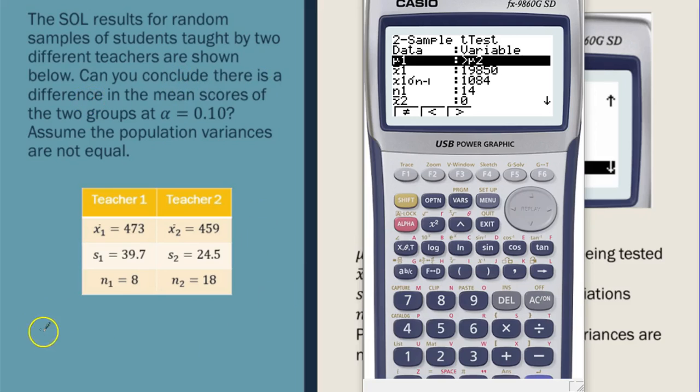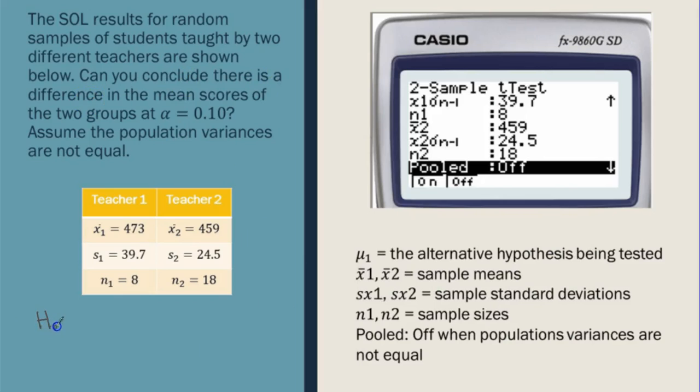So let's write our hypotheses. So my null hypothesis, okay, would be that the difference between mu1 and mu2 is 0. Okay, that's always my null hypothesis. I assume that the two are the same. My alternative hypothesis, all right, is that mu1 minus mu2. All the question says is, can we conclude there is a difference?